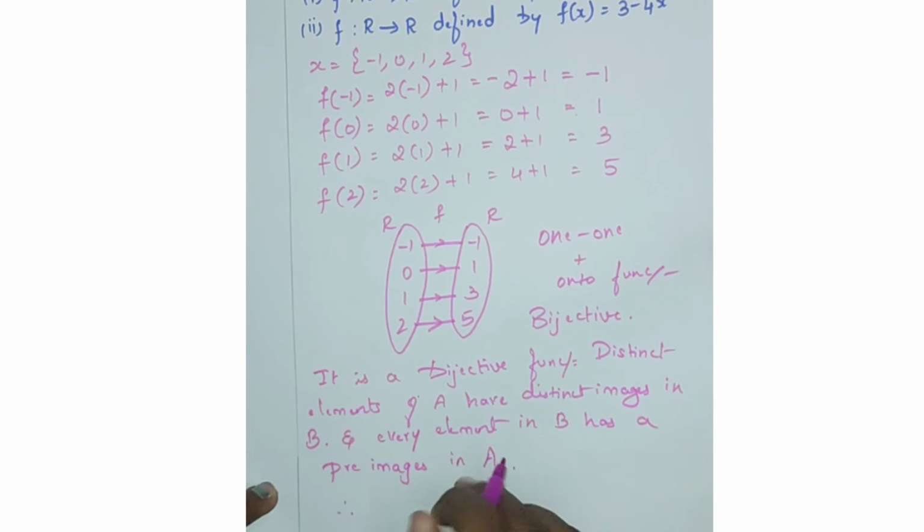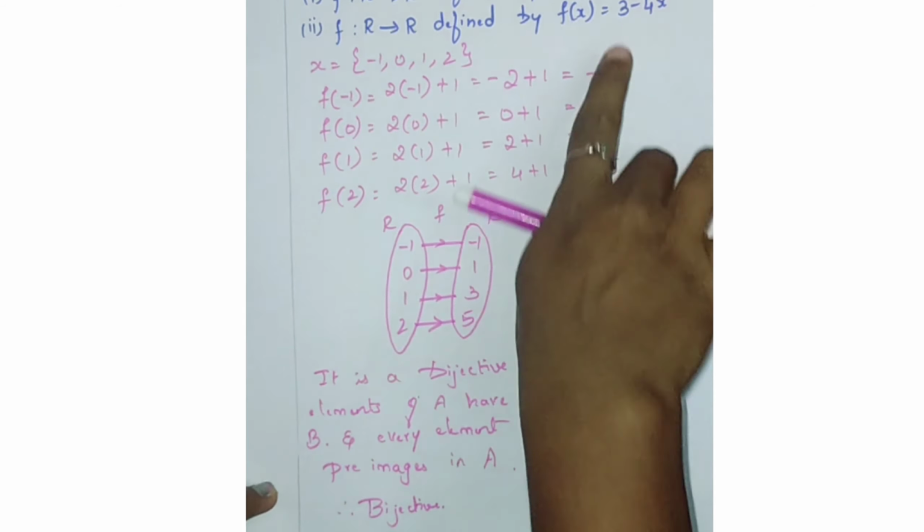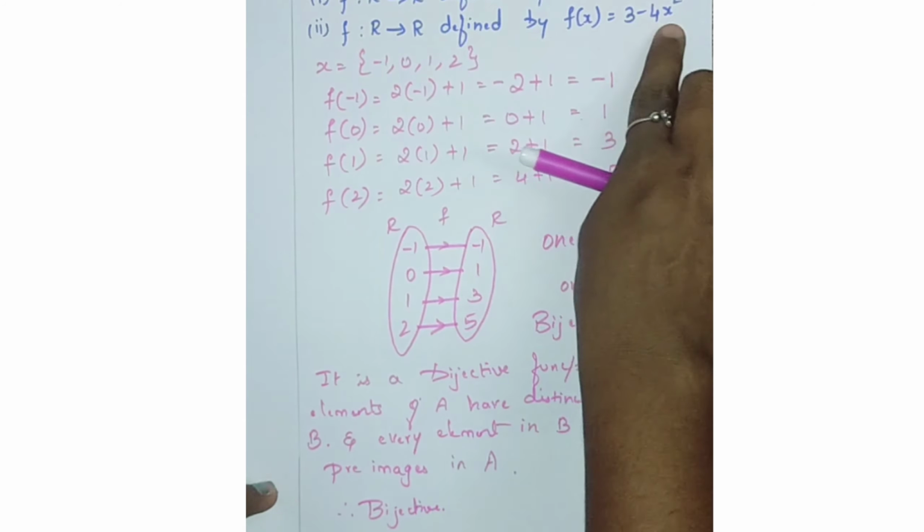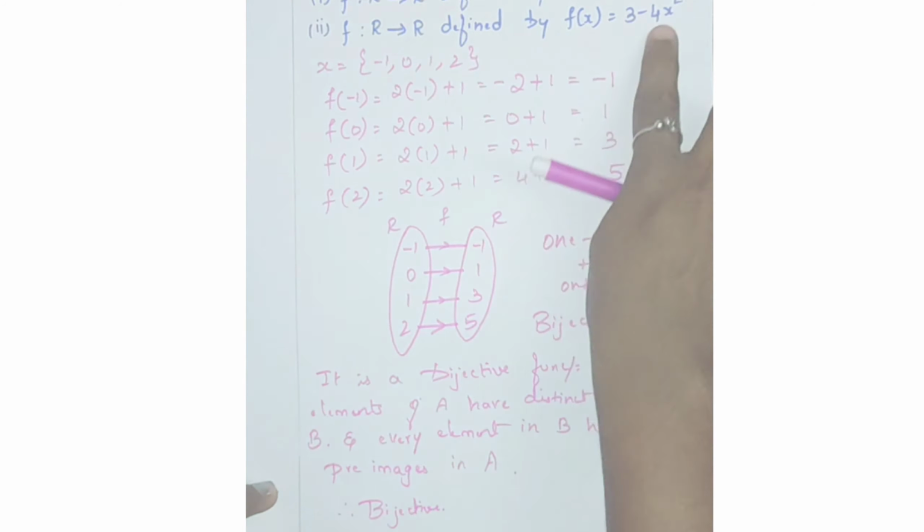So one-to-one and onto makes bijective. Got it? So now we'll see the next subdivision. So f of x they have given as 3 minus 4x square. We'll see this now.